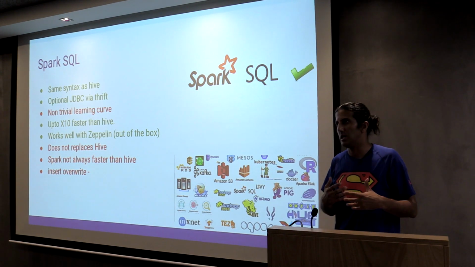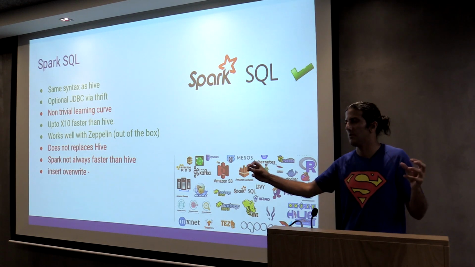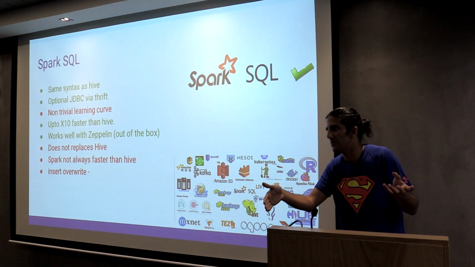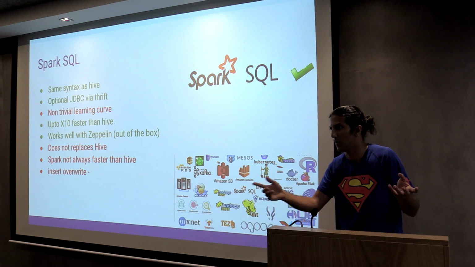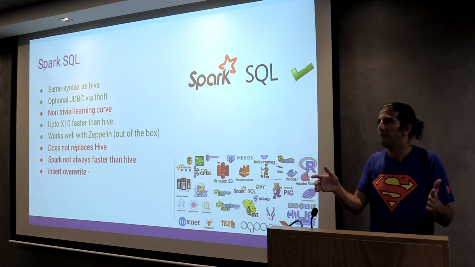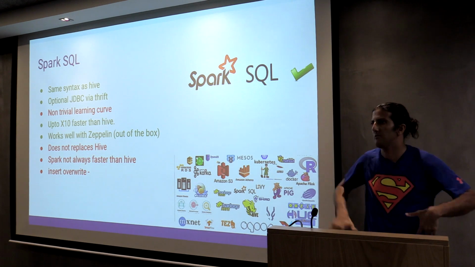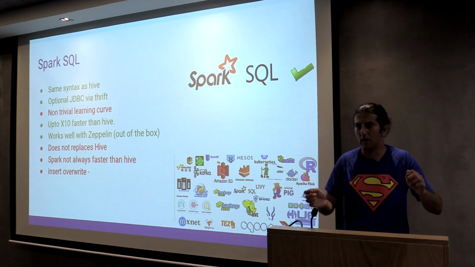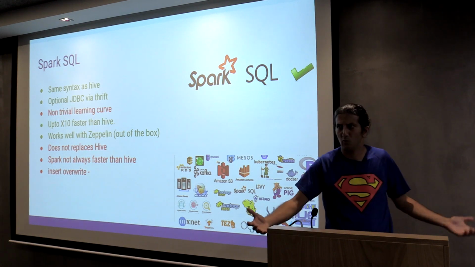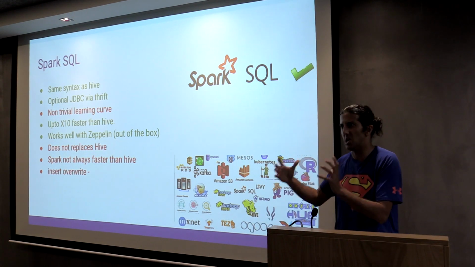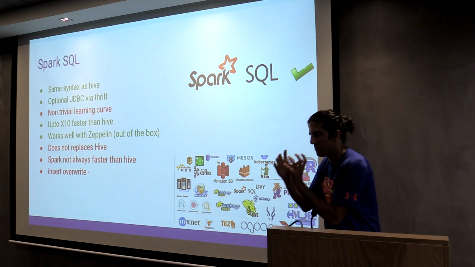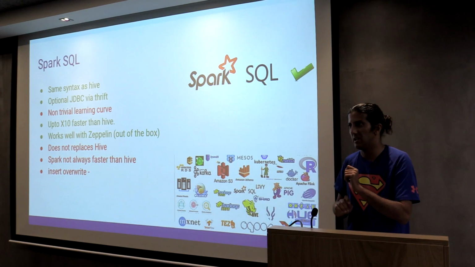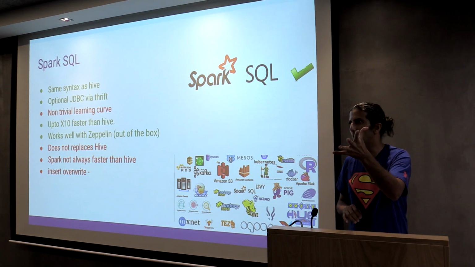Because if a long ETL job fails in the middle, you don't want to start from the beginning, you want to start where it stopped. In Spark, if a job fails in the middle, everything is in memory, so you lose everything and you start all over. So it's all about use case. When you have a batch ETL heavy duty job, use Hive. When you want to do ad hoc query research for data scientists, use Spark SQL.